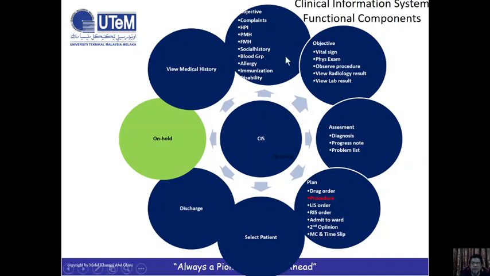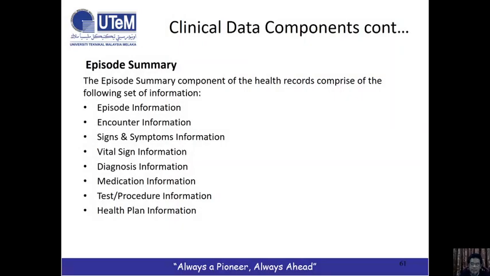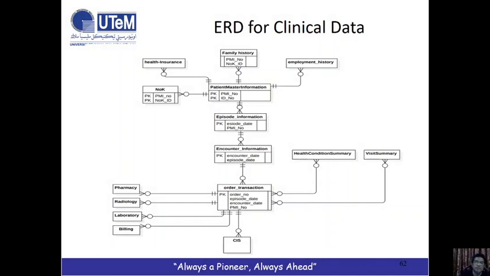Break down the module into sub module like this, and then you start to list the entity. Then after that you start to construct the ERD, where you can define the attribute for each of the entity. So this is a basic attribute that I can show to you.